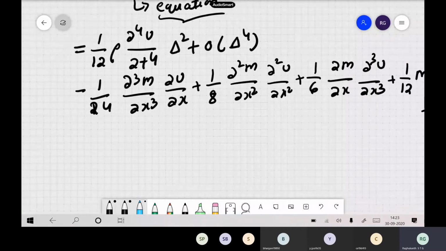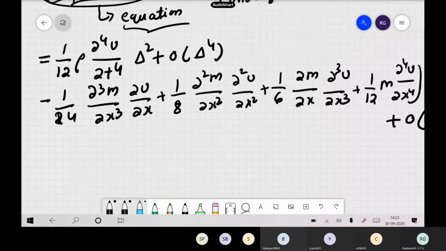Now this tells you how good your finite difference scheme is, what is the accuracy of your finite difference. So what is the accuracy of our finite difference scheme? How do you find out? This tells you what order our finite difference scheme is.